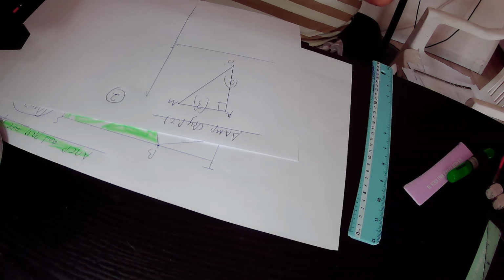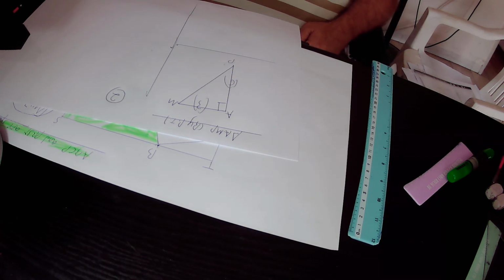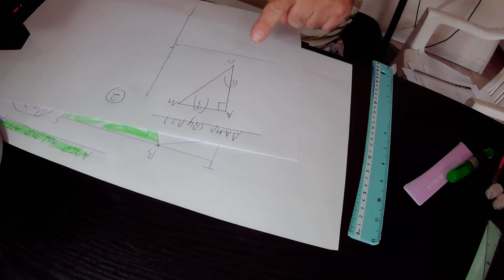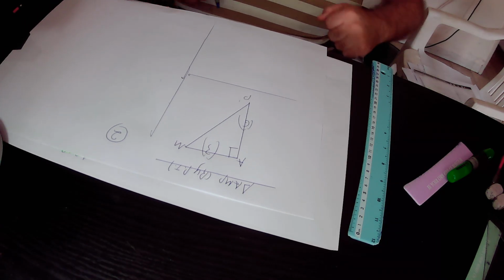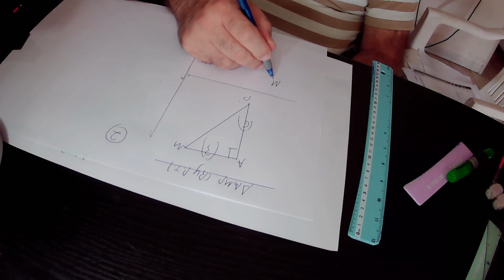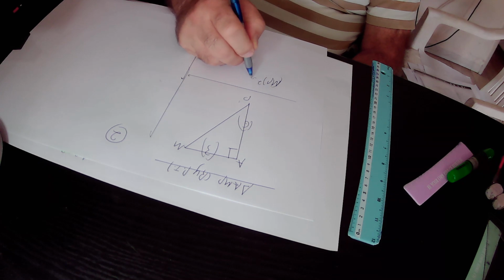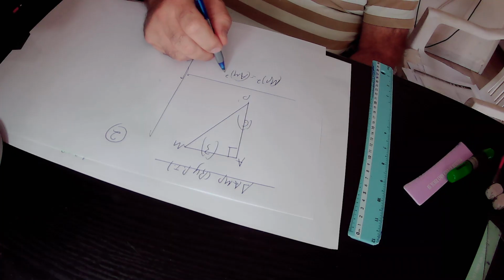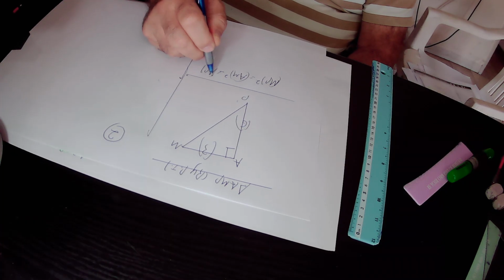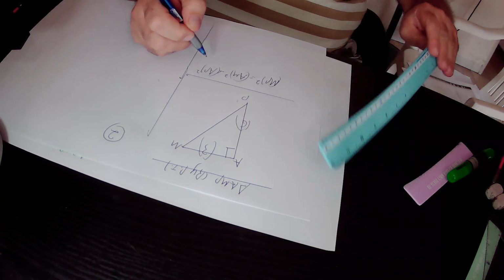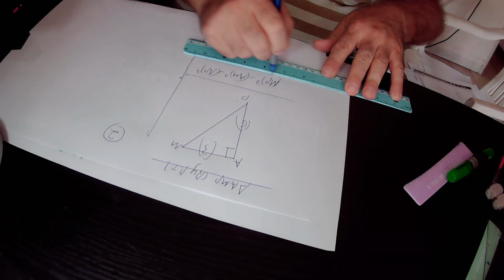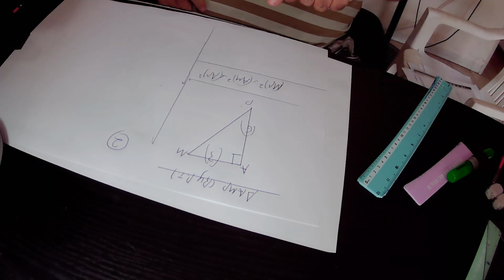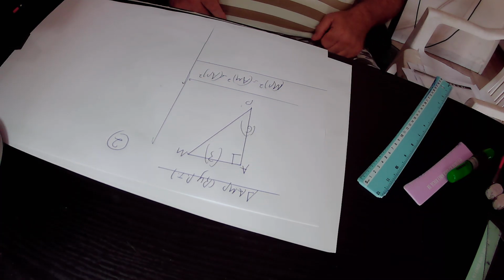In this right triangle AMP, MP squared, that is the square of the hypotenuse, equals AM squared plus AP squared. MP is the missing side, so we leave it as it is.